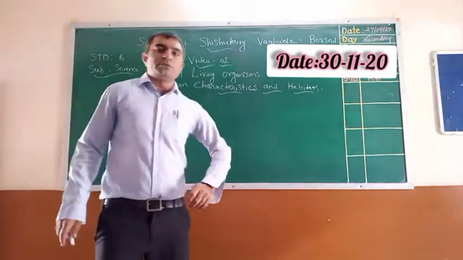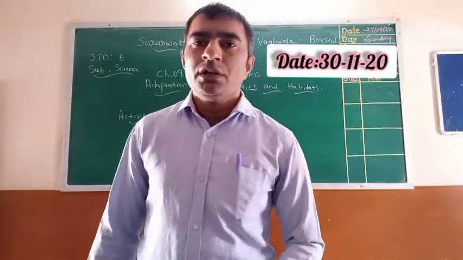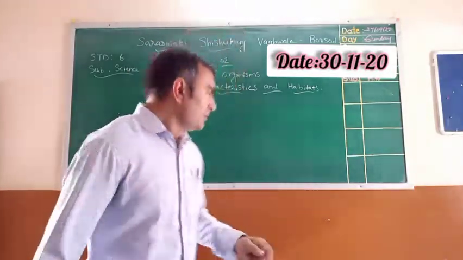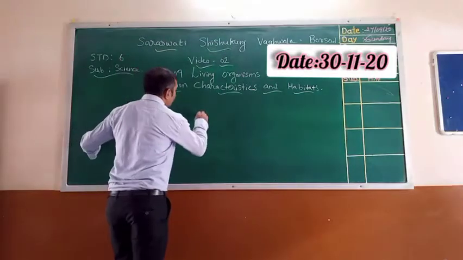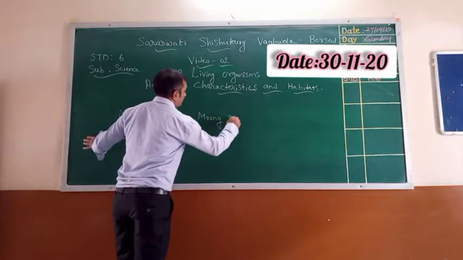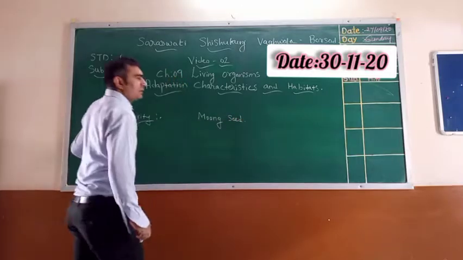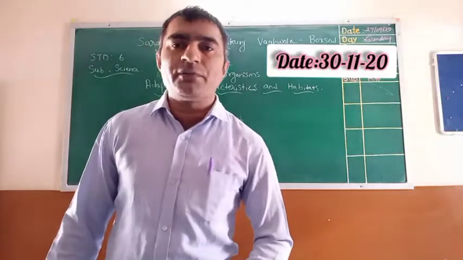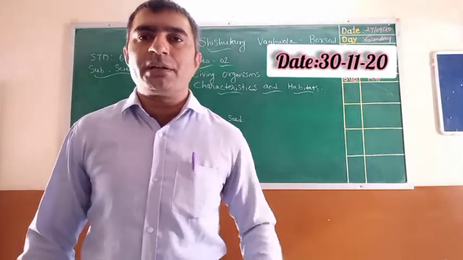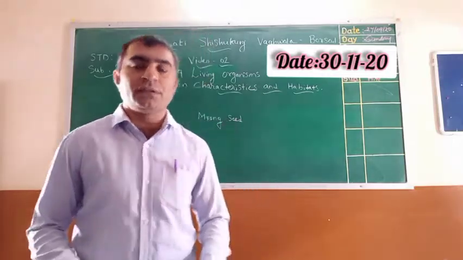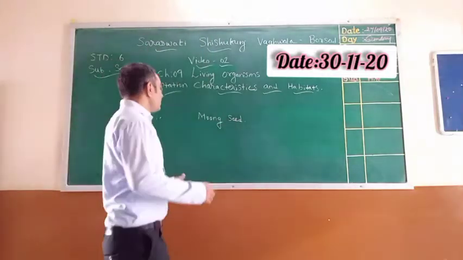Suppose we take a seed, for example a moong seed. It is considered an abiotic factor, right? Moong is abiotic because we are considering it a non-living thing. So the seed is abiotic.